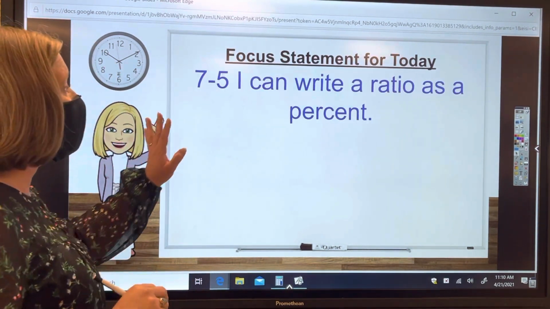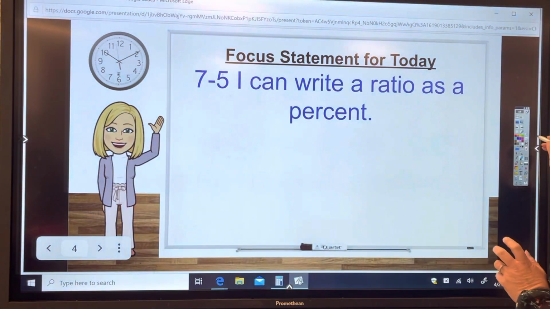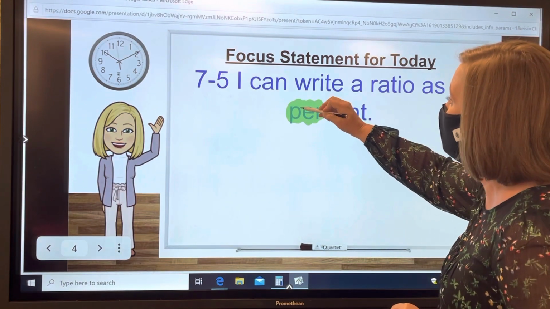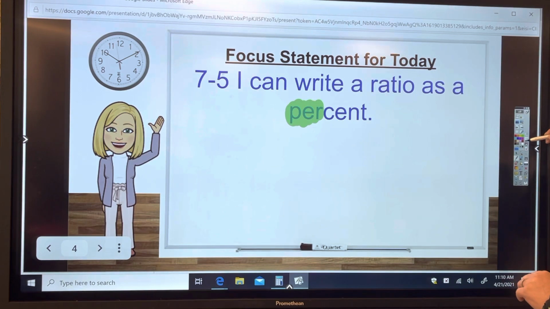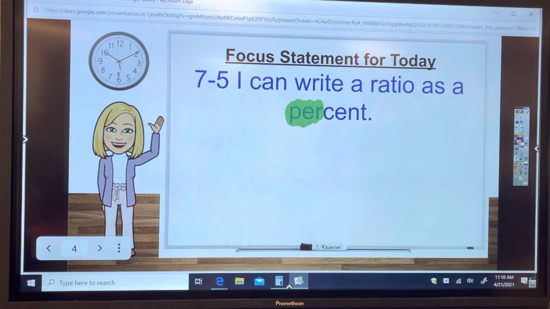Now I want to talk about, and you don't have to write this because I do have it on your sheet, what these word parts mean. Some of you that have had Miss Wallace should be able to tell me. What does the word part per mean? If I have 1 copy per student, what does that mean?